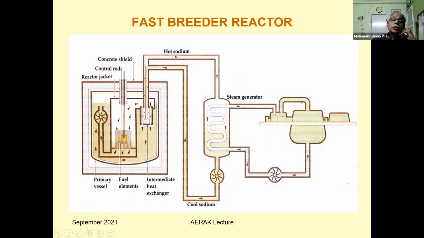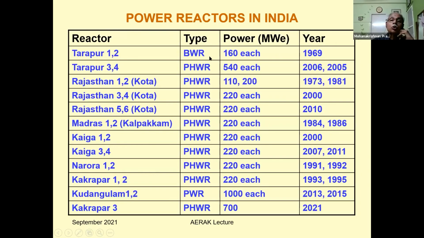So this is a list of reactors in India. The first reactor was Tarapur. It started in 1969. Then Rajasthan 1 and 2. Then MAPS. Then Narora came next. Then Kakrapar.